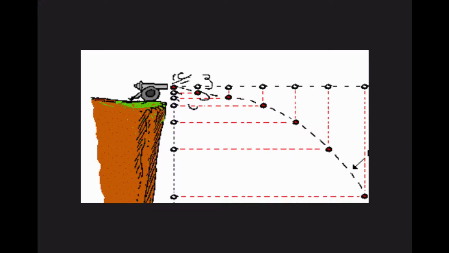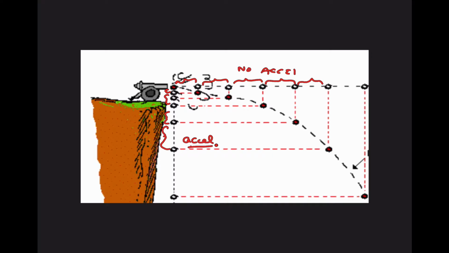This is essentially a motion map of the little video that you just saw. And we have two things happening. These distances are exactly the same as the cannonball moves because there is no acceleration. These distances increase as the cannonball moves because there is acceleration.